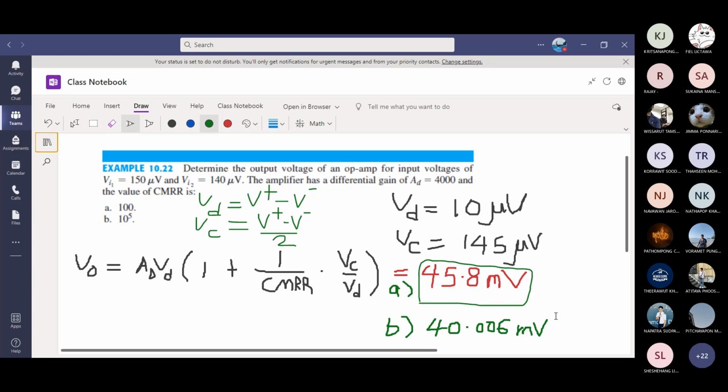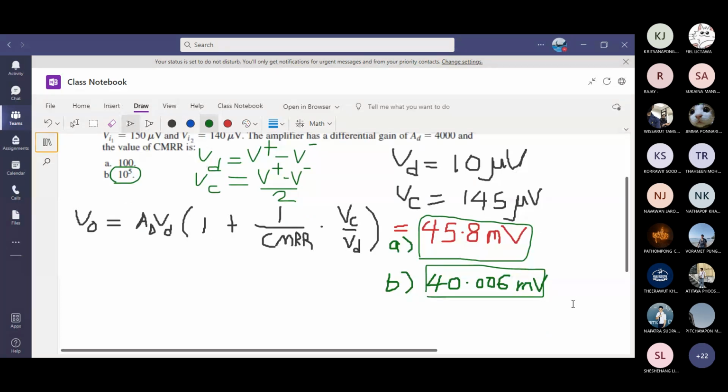In the case of 2, when the CMRR is very high, you have output 40.006 millivolts. First one is 45.8 millivolts, second one is 40.006 millivolts.